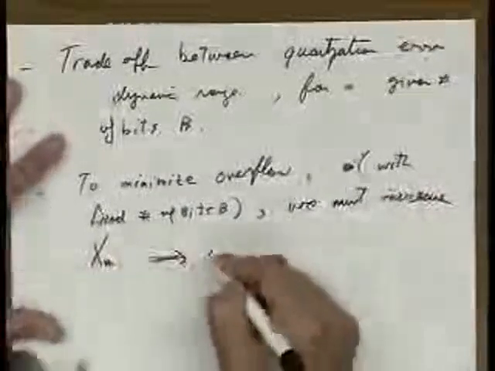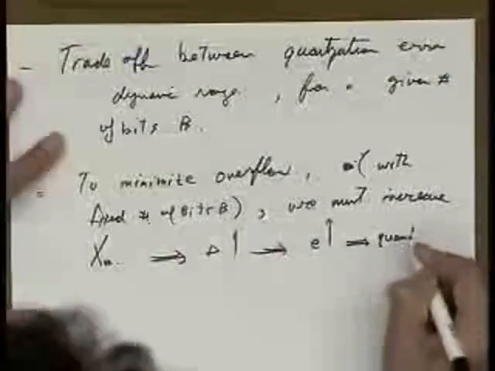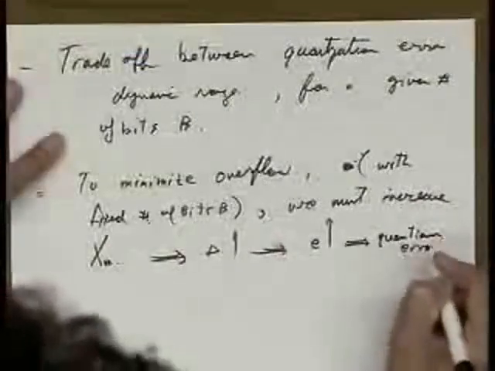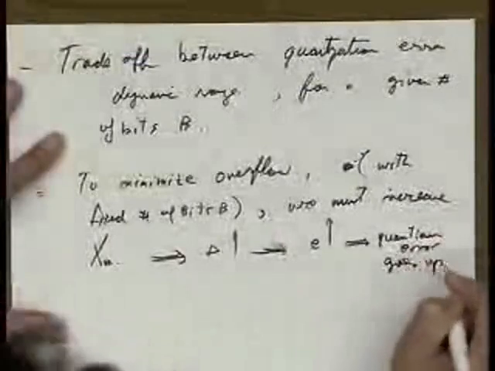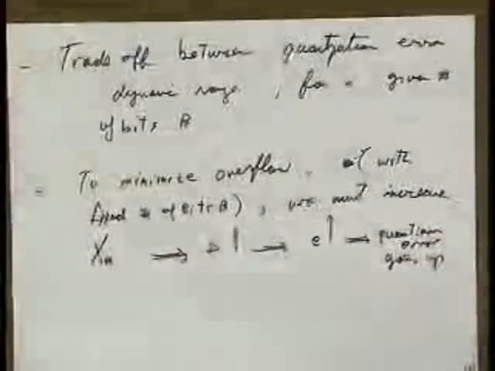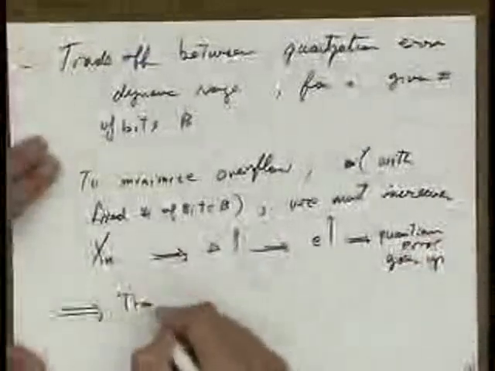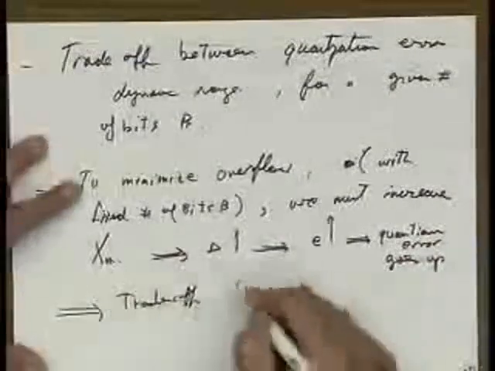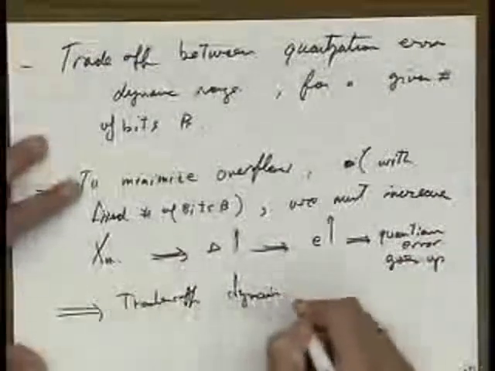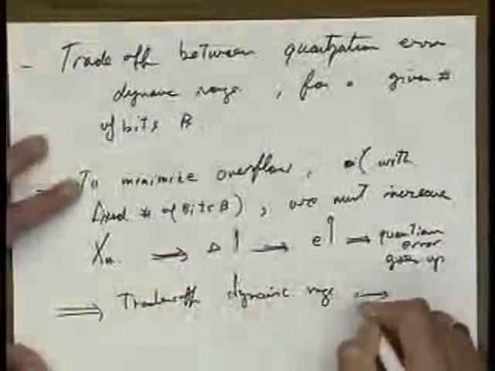But then that makes delta go up, and then that makes the error go up. That means quantization error went up. Okay? So this is what I mean, there's a trade-off. That means there's a trade-off between dynamic range and quantization error.